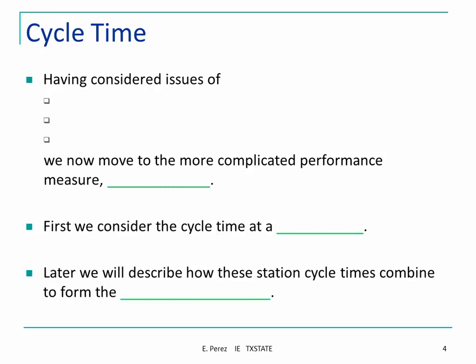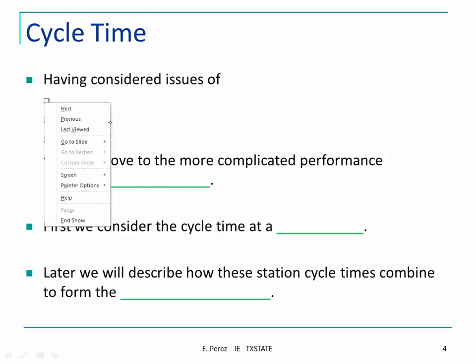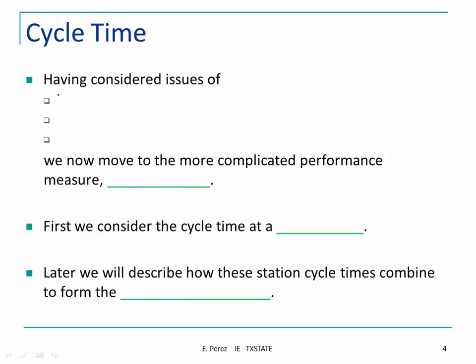And so far, we have considered issues of utilization of the machines, the variability of the processes happening on those machines, and also the last lecture looked at the batching of the parts and how that translates into the cycle time.